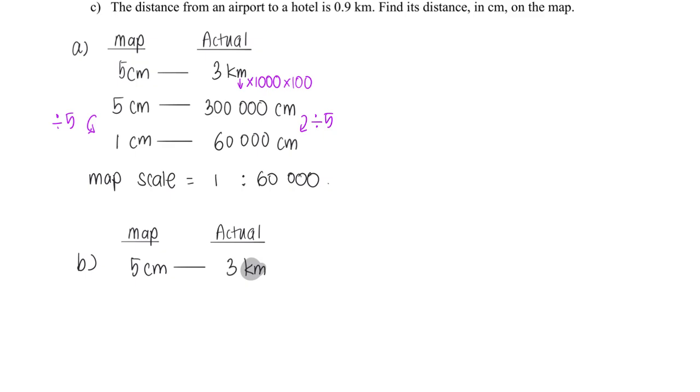At this point all we have to do is to first divide by 5 on both sides. That will give me 1 cm being represented by 0.6 kilometer, and after which, to find 2.4, I will just need to multiply by 2.4.